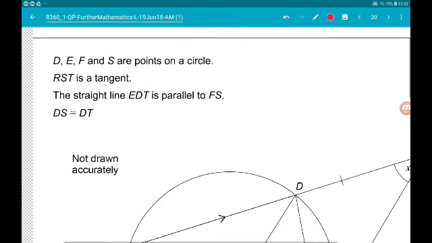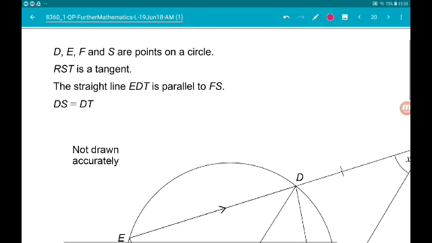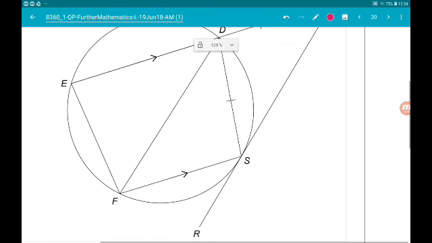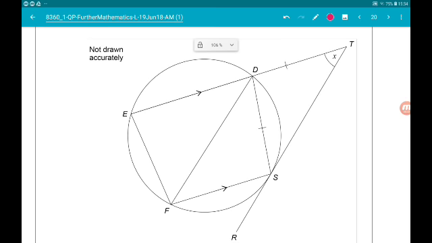In question 18, we have a tricky geometrical proof. So, D, E, F and S are points on a circle. RST is a tangent, so RST is this bottom right line here, and that's a tangent.